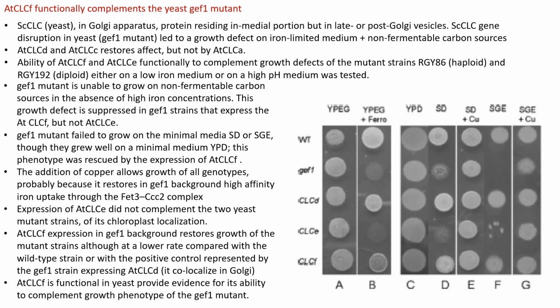The reason why copper could allow the growth of the other genotypes was most probably because the intake of copper helps in opening a complex called the FET3-CC2 complex that helps in iron uptake from the background, and that could be regulating some of the growth, as you can see with the SD plus CU panel E and the SGE plus CU panel G experiments for the mutants. However, that would be absent in the panels that didn't have the copper.